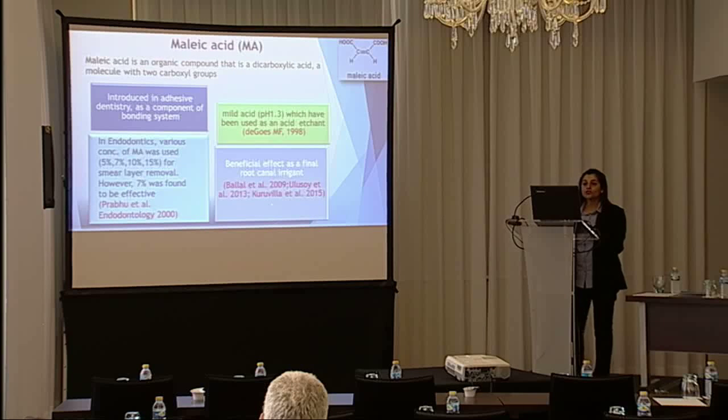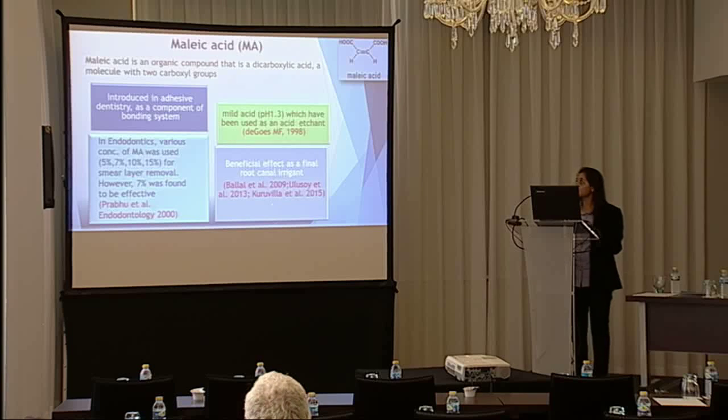Now, the main point of interest is an organic compound, a dicarboxylic acid molecule with 2 carboxyl groups, malic acid. It was introduced in adhesive dentistry as a component of the bonding system. It is a mild acid which has been used as an agent. In endodontics, various concentrations of malic acid have been used for smear layer removal.